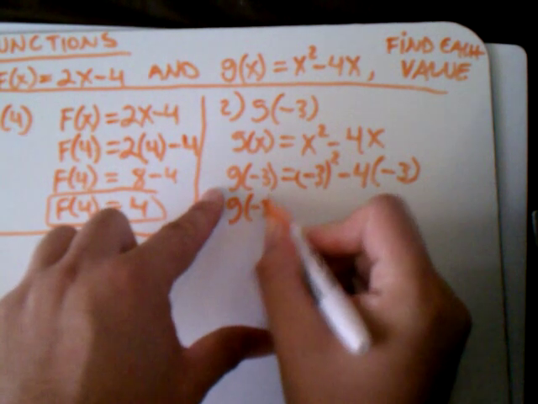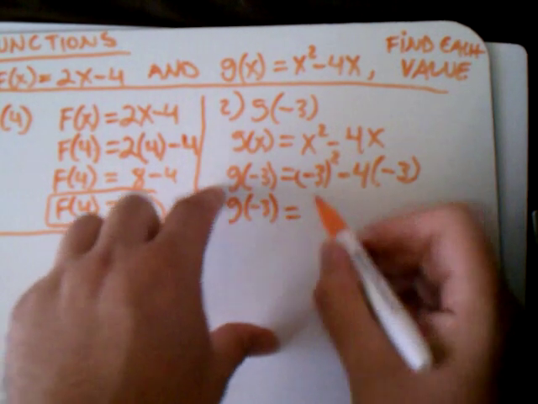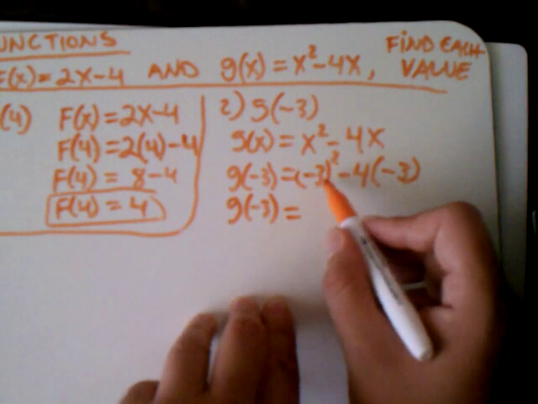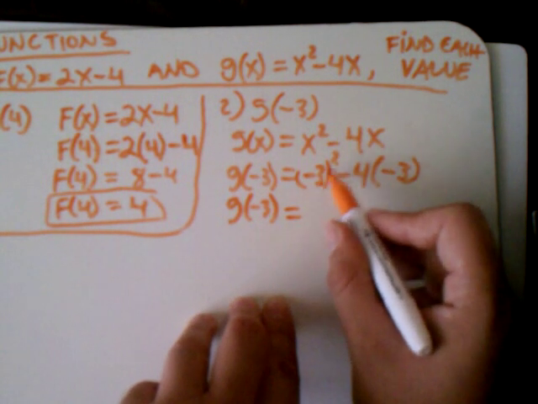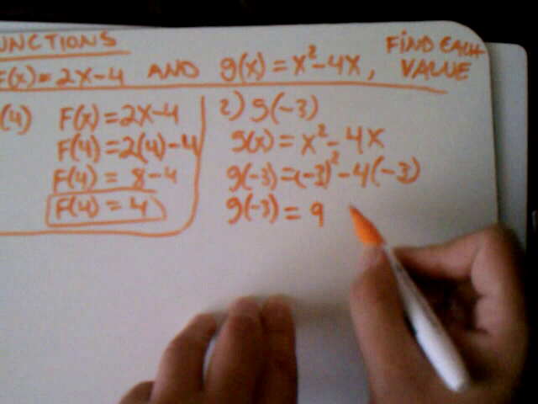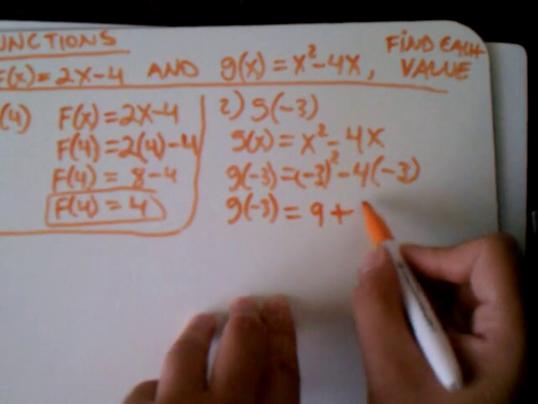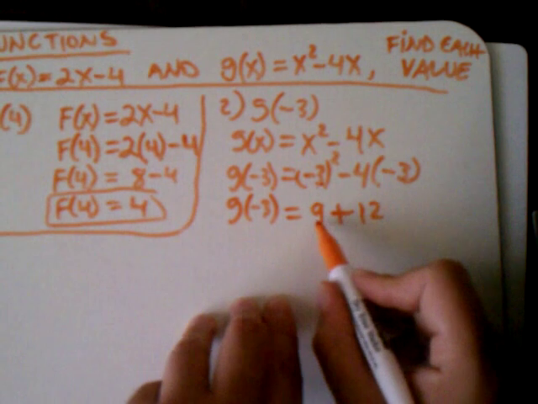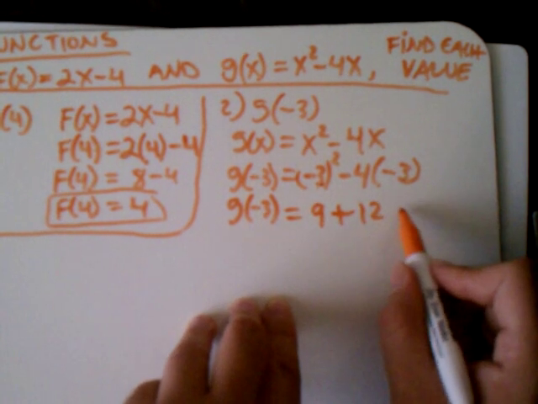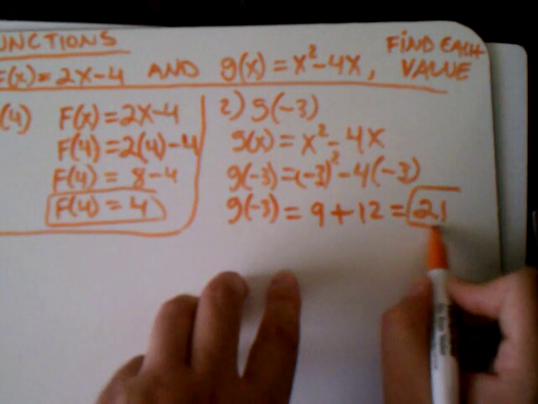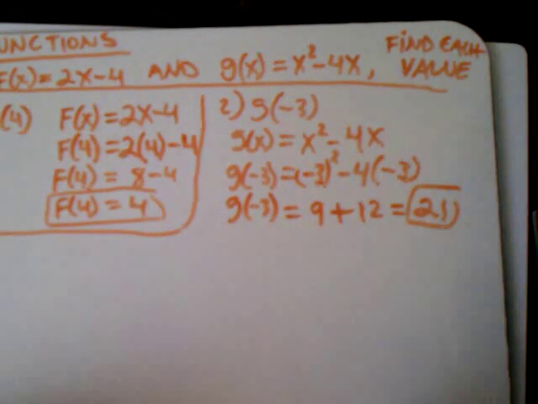Now, g of negative 3 equals negative 3 squared means you're going to multiply negative 3 times negative 3, which is 9. And then this is negative times negative, positive. 4 times 3 is 12. And 9 plus 12 equals 21. Okay, so g of negative 3 equals 21.